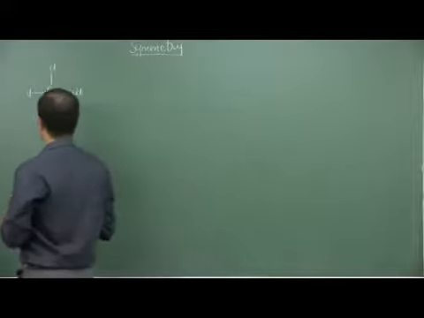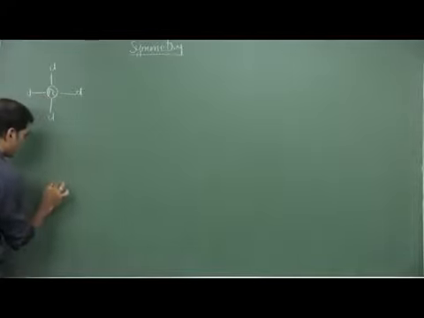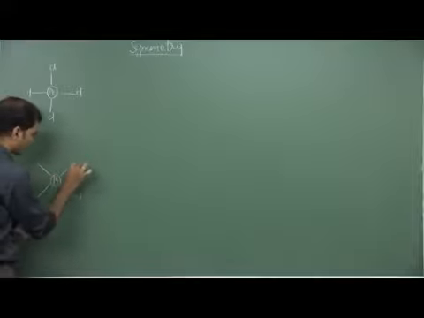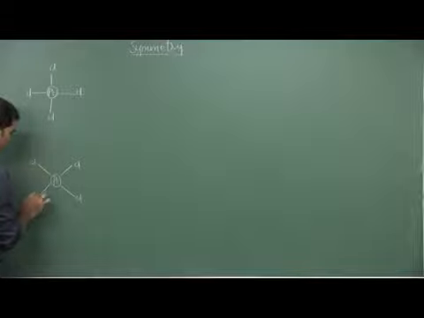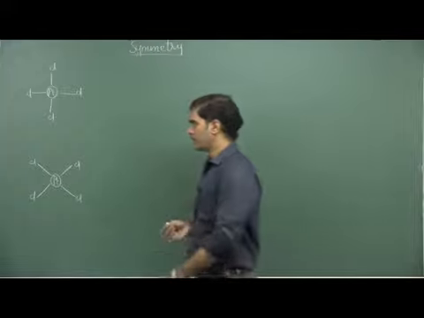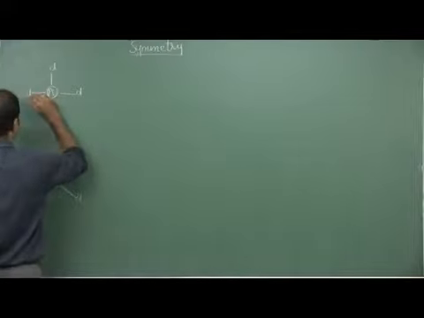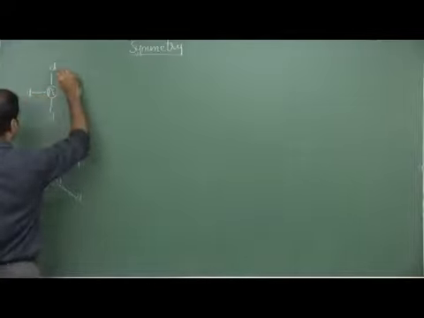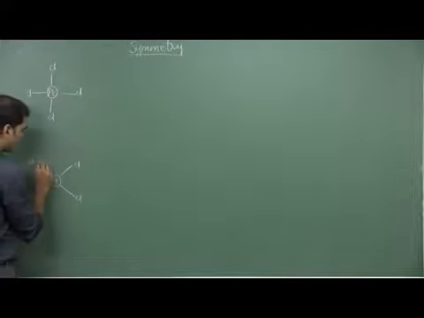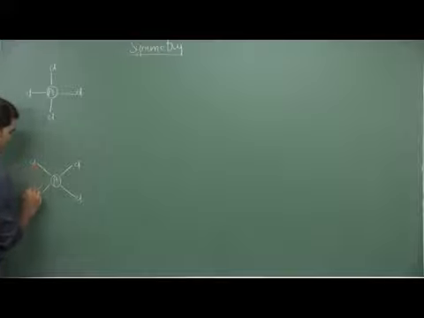So to look at the square relation, let me put the same PtCl4 in a different view. This is another view. You can check the square relation between the identical atoms. So if visualizing the square is difficult, then you may draw another structure. All this is for our convenience.